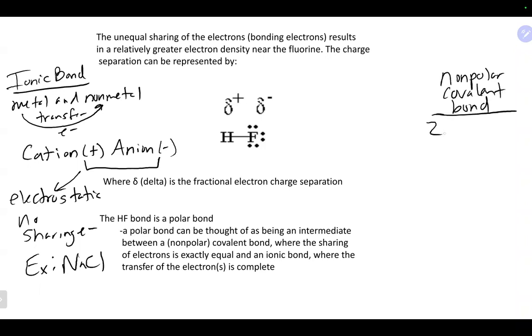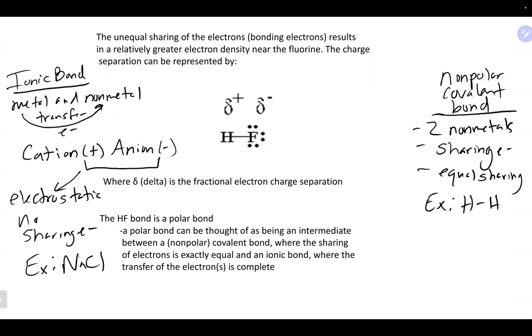That is between two nonmetals. That is going to be sharing of electrons. That is going to be equal sharing of electrons. And an example would be like our H2 or F2. Those are all examples, obviously, of that. And then sort of in the middle of the two is the polar covalent bond.